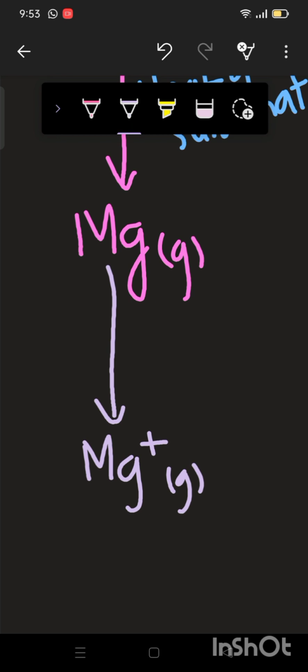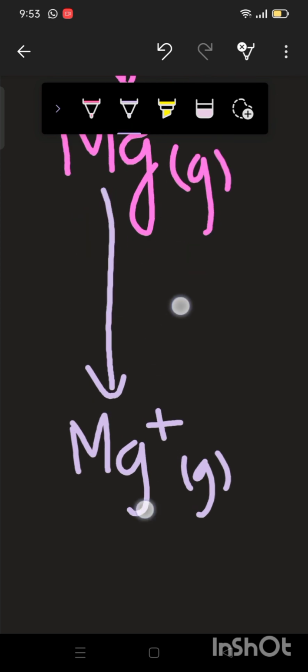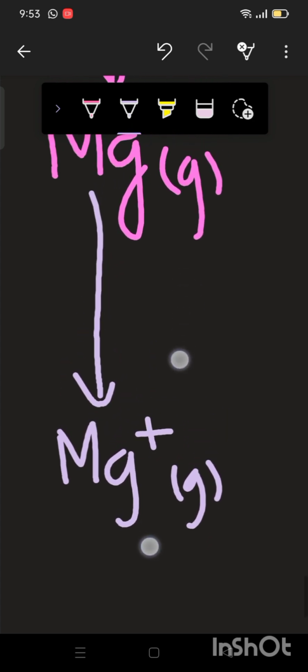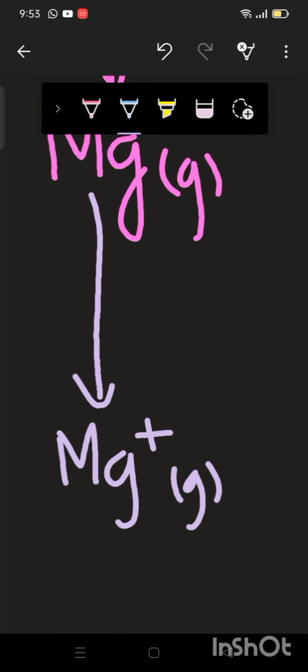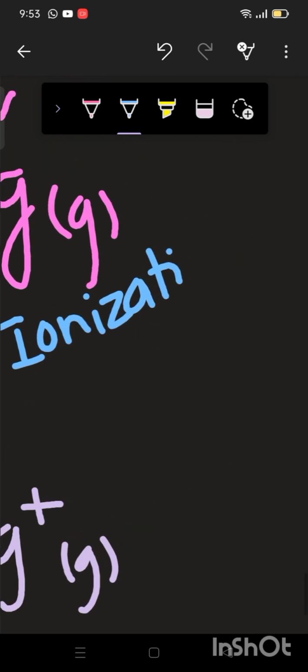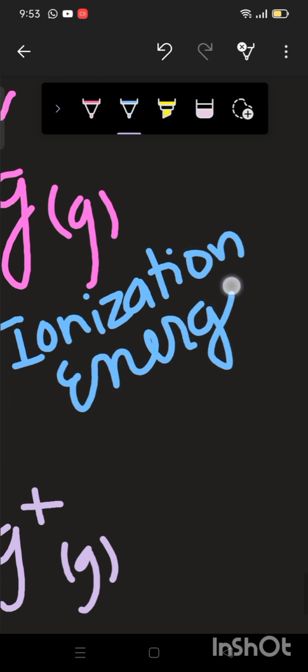Its electrovalency is 2, right? Now Mg will lose 1 electron. The energy required to remove an electron from the gaseous atom is ionization energy. So here we are going to give ionization energy.